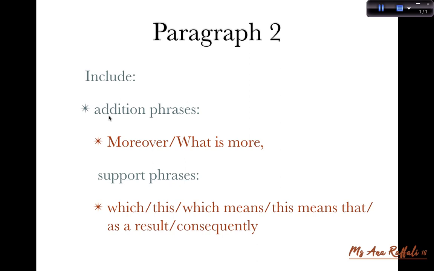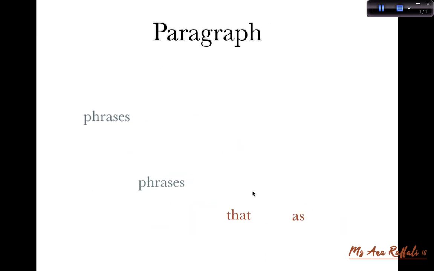And of course, if you want to add anything, you can use addition phrases such as moreover, what is more, and you can add any ideas to support. And here are support phrases, which are clauses: this means that, as a result, consequently. So this can help you in joining your ideas together.